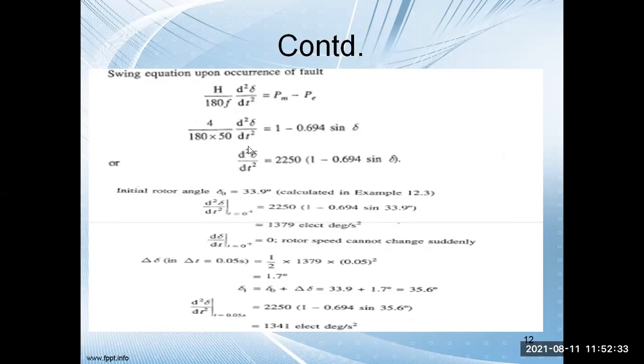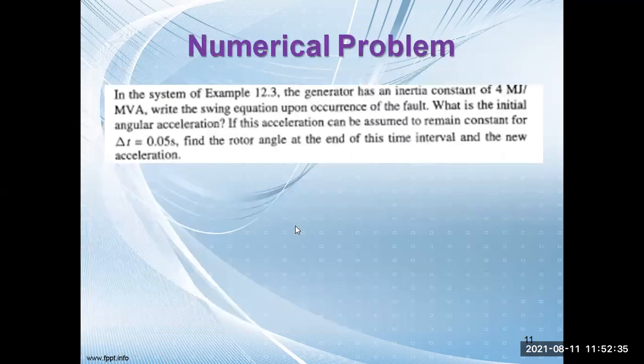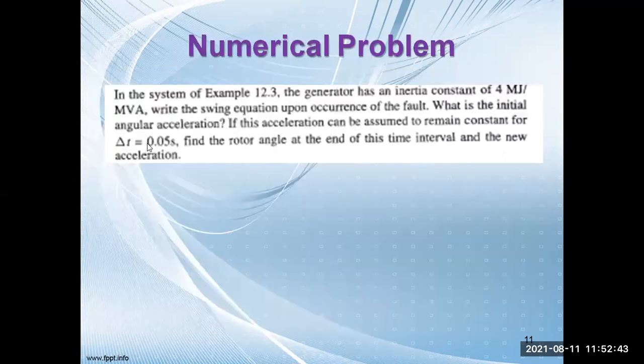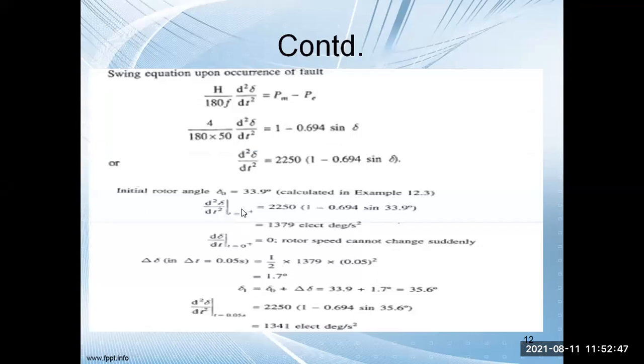This is your angular acceleration. Now your initial value of delta 0 is given as 33.9. So at t equal to 0 plus, because you are supposed to calculate at t equal to 0.05, first at t equal to 0 plus, what is the initial angular acceleration?